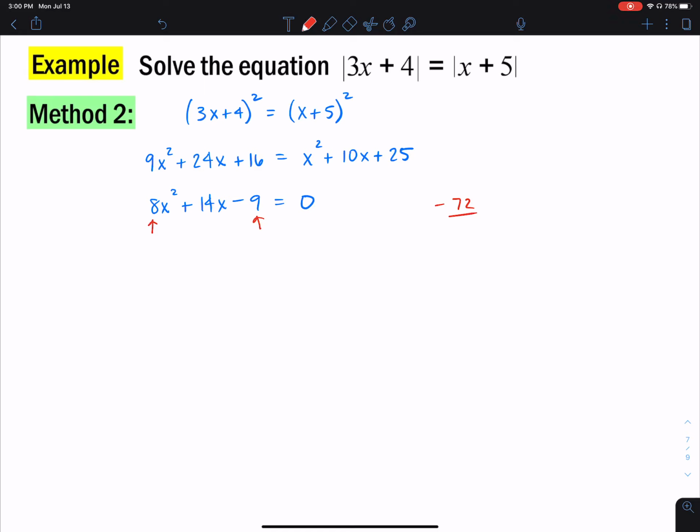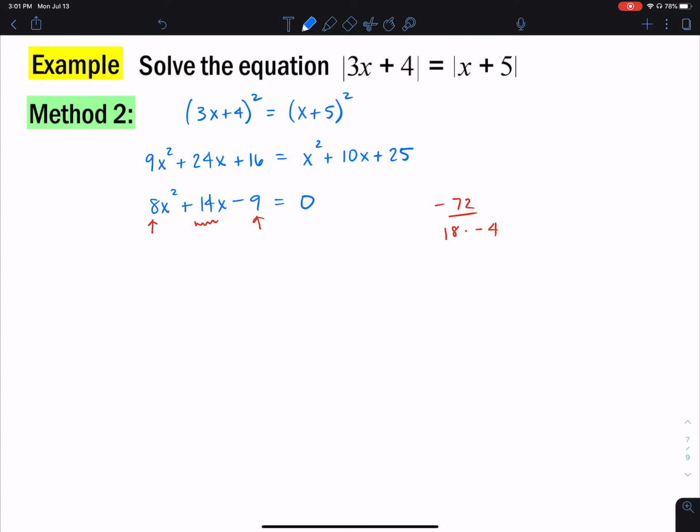So my product is negative 72, and I'm trying to find two numbers that multiply to be negative 72 that add up to be 14. And my two numbers are 18 and negative 4. That took me a couple tries to get, so don't get discouraged if you can't get it on the first try. Just keep plugging away on your calculator till you get it.